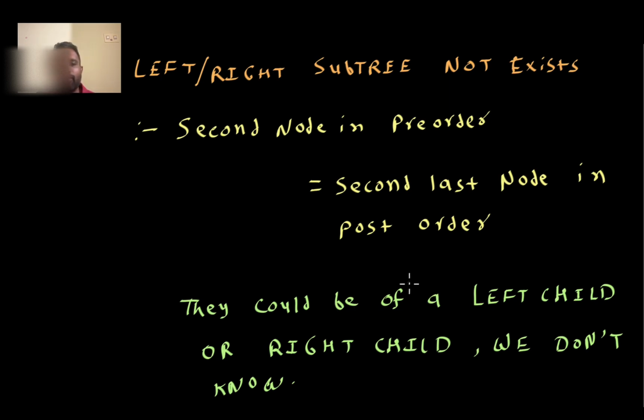So I just want you to observe the pre-order and post-order traversals of some hypothetical tree. Let's say some tree is given with root A. What will be the pre-order traversal? Just write it down.